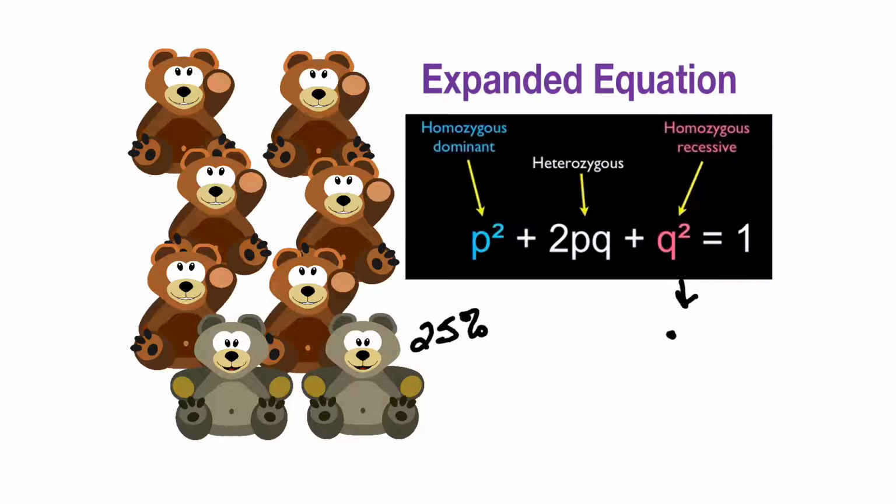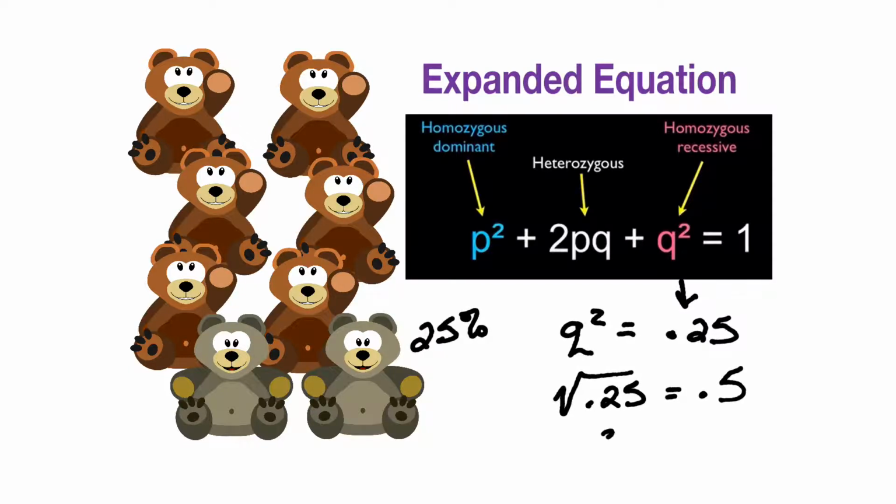We want to change it into a decimal, so that's 0.25. That means Q squared equals 0.25. How do we find Q? Pretty easy. The square root of Q squared would be Q. So the square root of 0.25 is equal to 0.5, and that equals Q.